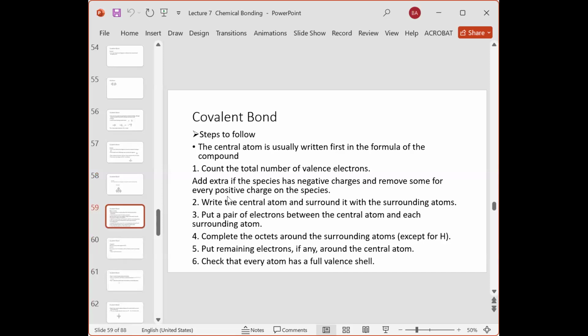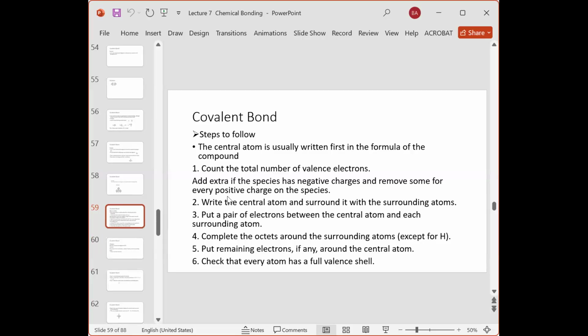So there are steps that you need to follow to do the bonding to satisfy the octet. The central atom is usually written first in the formula of the compound. You count the total number of valence electrons. Then you add extra if the species has negative charges, and remove some for every positive charge on the species.